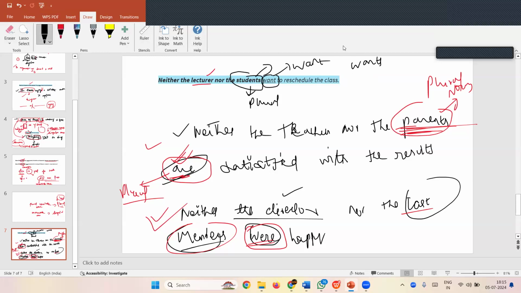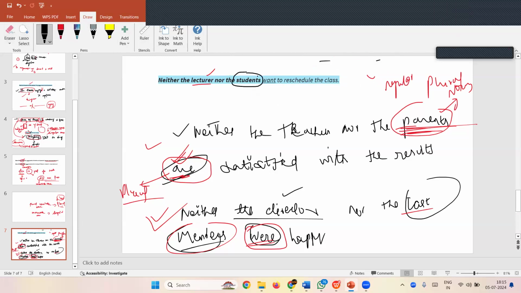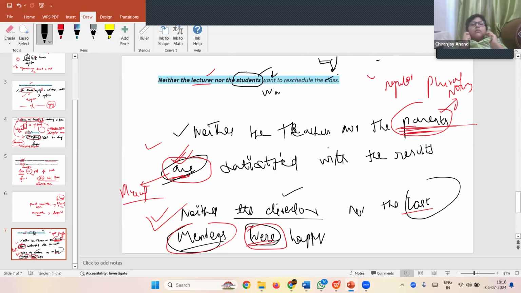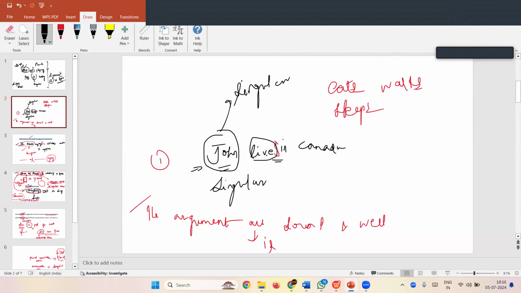Want will be used for plural, right? Wants will be used for singular. Am I right? Yes, ma'am. Students means plural, so you're using want. The s will be added only for singular.